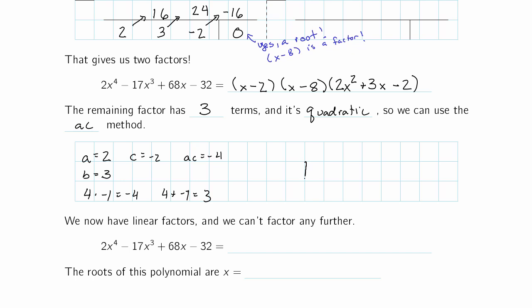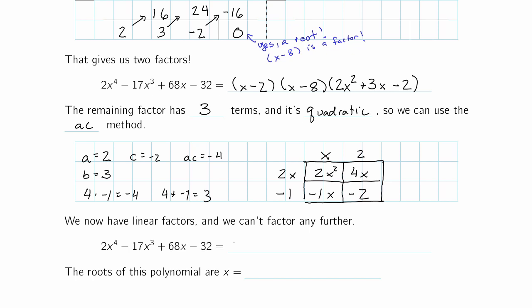So the 2 numbers we want are 4 and negative 1. Remember, we use that to split up our middle term. So we have our 2x squared, a 4x, a negative 1x, and a negative 2. Greatest common factor here is a 2x. We need an x here. We need a negative 1 here, and a 2 here, and negative 1 times 2 really is negative 2.